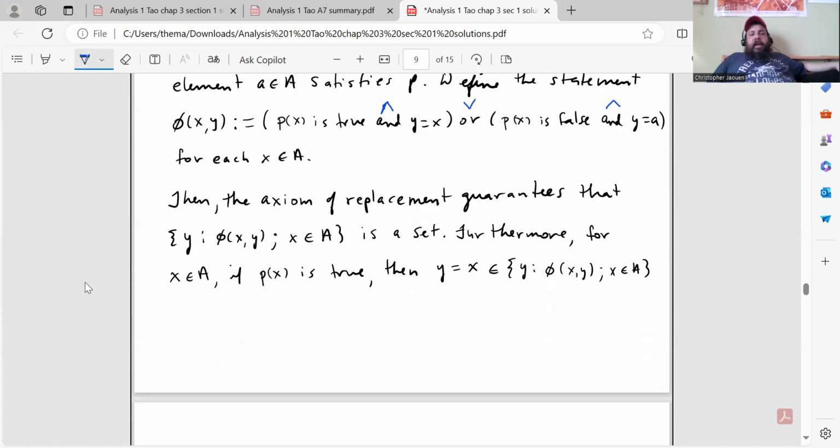Right, then the axiom of replacement guarantees that the set of all Y such that phi(X, Y) and X is in A is a set. Furthermore, for X in A, if P of X is true, then Y equals X is an element of that set.